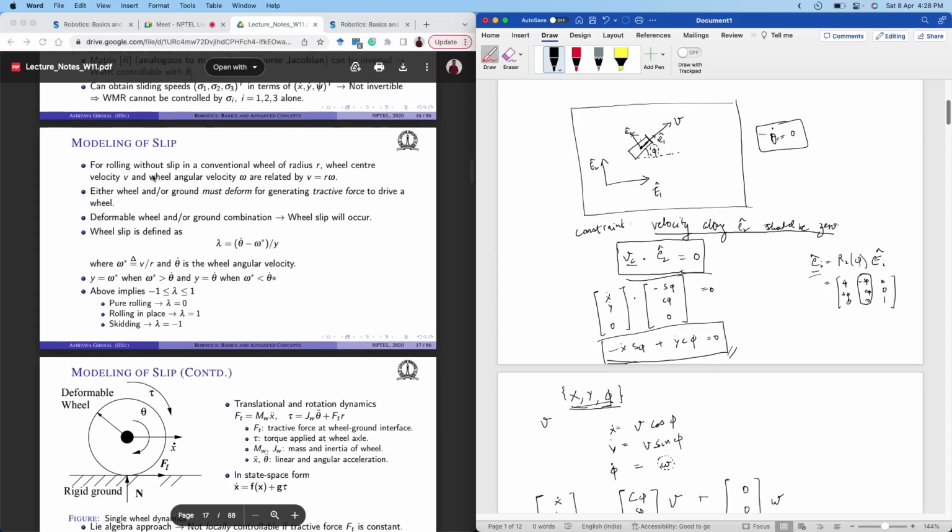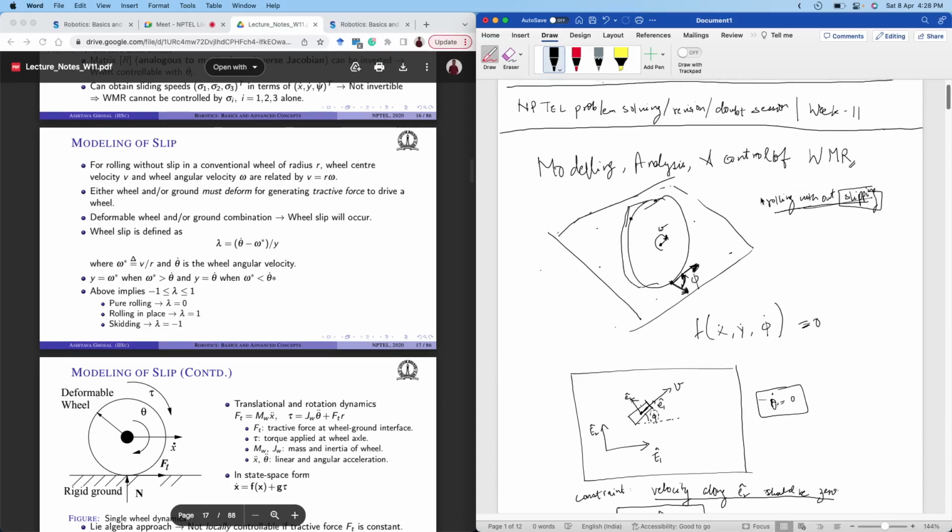Now when we are talking about slip, the first constraint that was being talked about is that there is rolling without slipping. Now this is also being relaxed. And what is wheel slip?